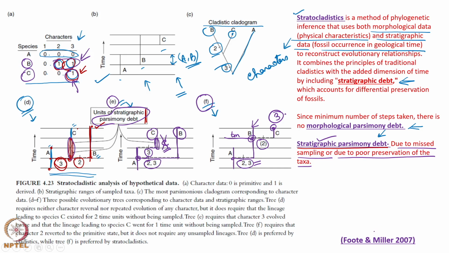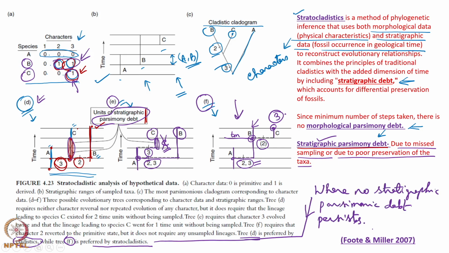Now out of so many possibilities, tree D is preferred by cladistics, whereas tree F is preferred by stratocladistics. In stratocladistics, the preferred tree is the one where no stratigraphic parsimony debt persists, whereas the preferred choice in cladistics is one where no character reversal happens.